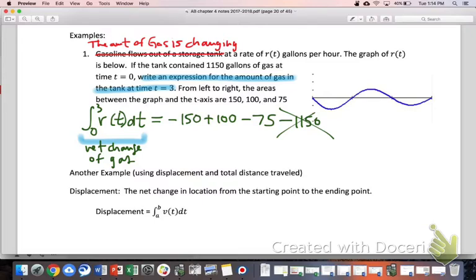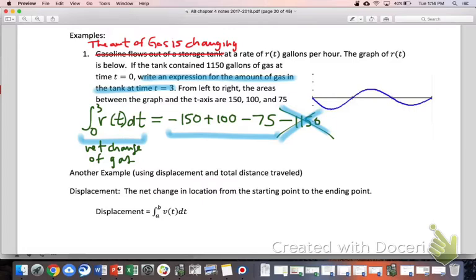So that integral that Paul told us is a very good integral. It's exactly right. But it's the net change, not necessarily the amount. Some other things that I think are very good: Paul equated that integral with this. Is he not correct? This does not belong. Matt was right about that.